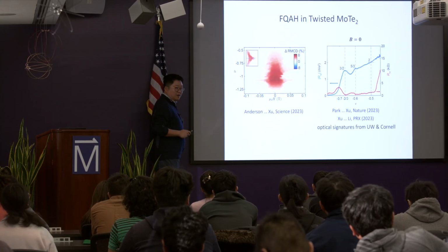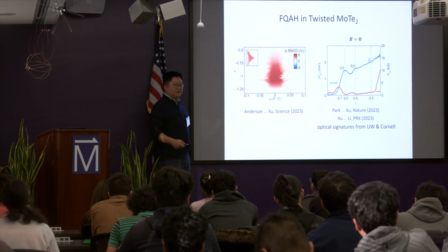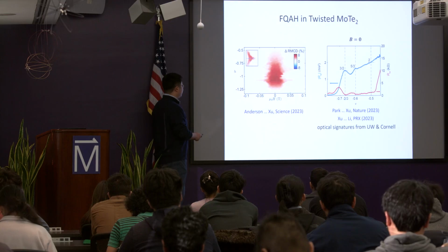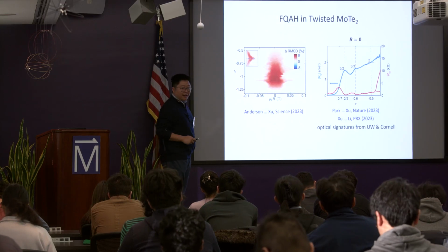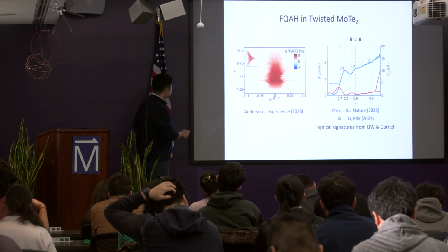Initially, they were focusing on detecting ferromagnetism, which is the prerequisite for any fractional quantum Hall physics at zero field. This is the magnetic circular dichroism, which basically detects the ferromagnetism signal.